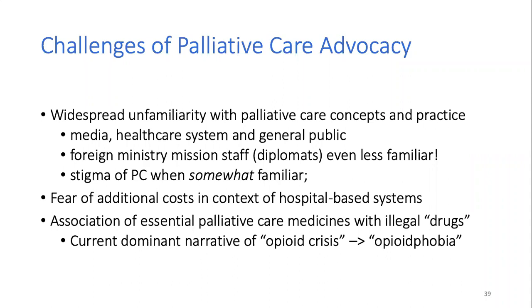That's a big challenge we have right now, especially in the narrative of the opioid crisis in the US and Canada, which has increased opioid phobia. We thought we'd made several steps forward, and this opioid crisis is pushing us several steps back.